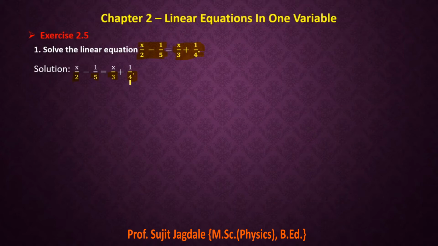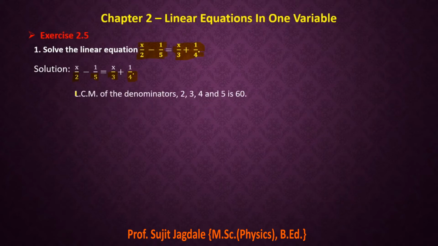So here if we count the 4's table, it has even numbers, so we have to consider the LCM according to that. And if we count all the tables, it is found that 60 is the common multiple, that means the least common multiple, the smallest common number present in all the tables.